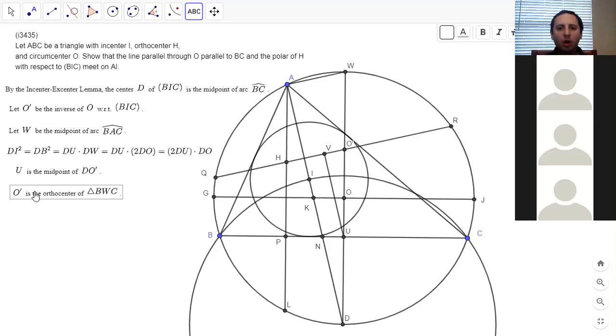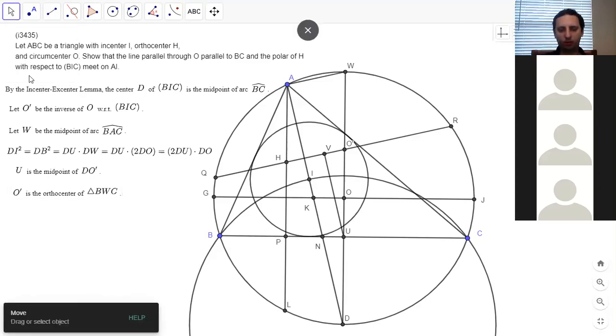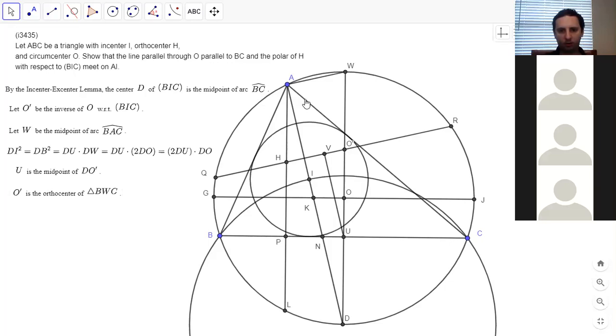It is 2R cos A. So AH is 2OU, twice the circumradius times cos A. Oh, because AH is twice OU and WO' is also twice OU, that's the well-known fact.